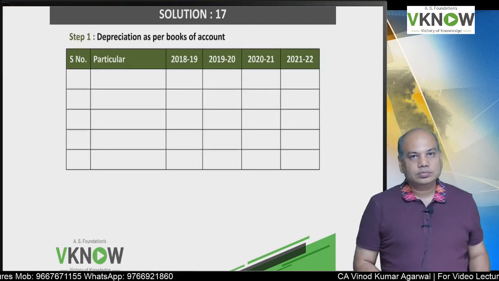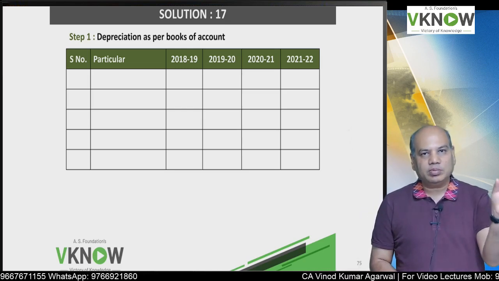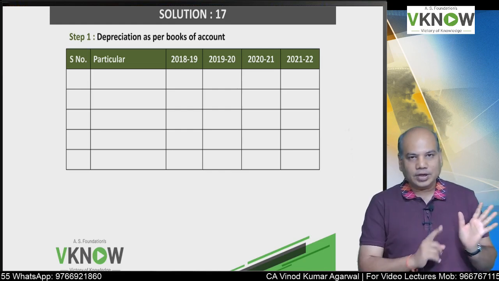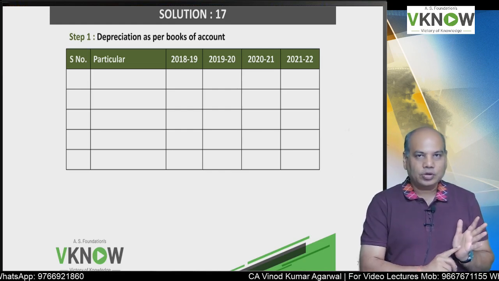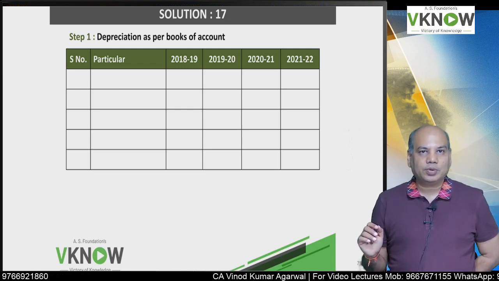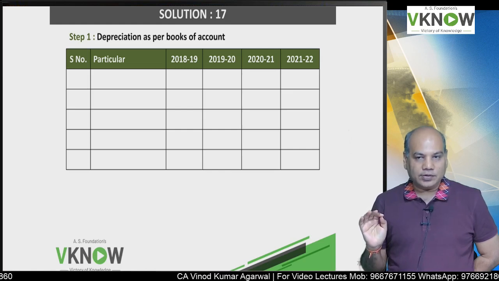So to prepare the P&L account, I will require PBDT, depreciation as per books of account, current tax, and deferred tax. So 3 calculations I require in the statement of profit and loss: depreciation as per books, current tax, deferred tax.